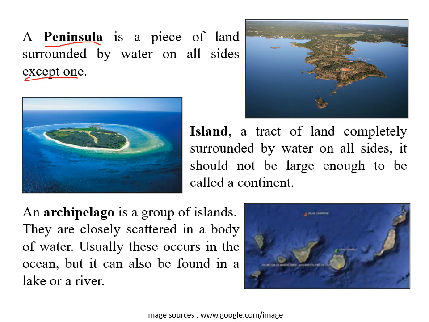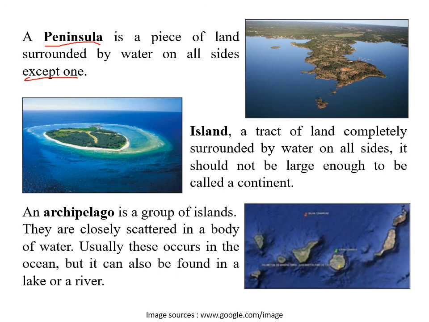The second type is known as island, which is a landmass surrounded completely by marine water on all sides. And most commonly, these are not very large in size.